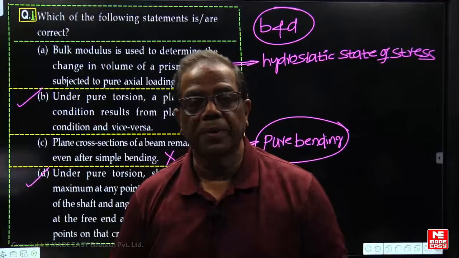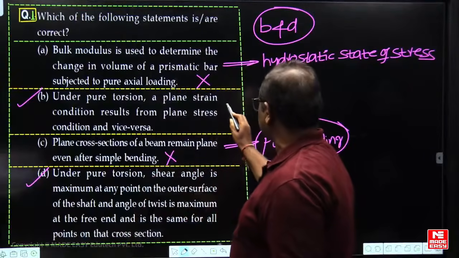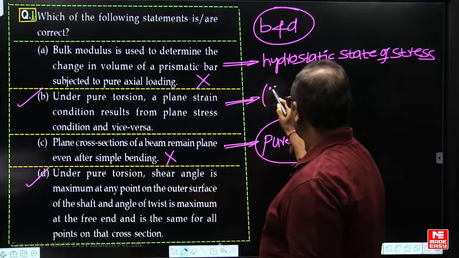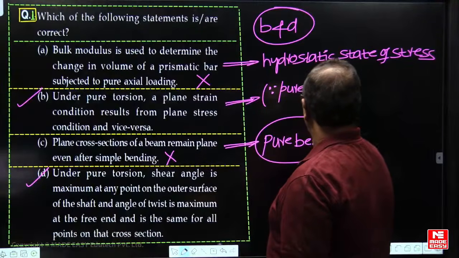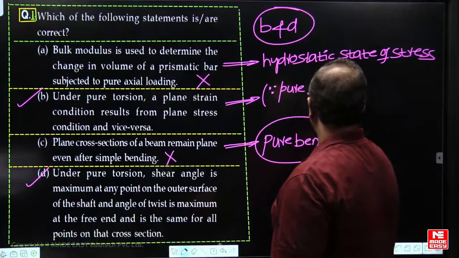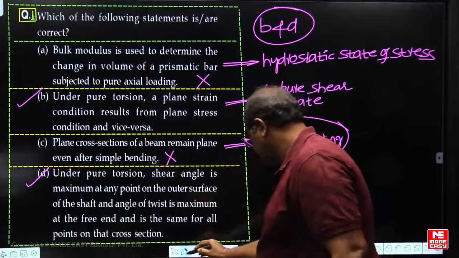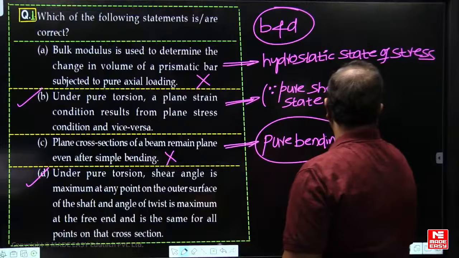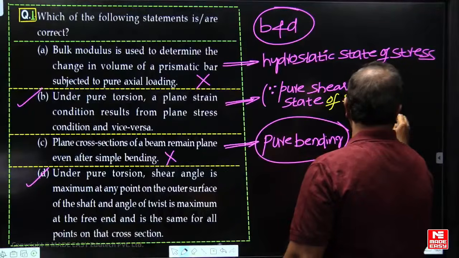So under pure torsion, sigma x plus sigma y is 0. So why is this statement correct? Because of the pure shear state of stress, that is, sigma x plus sigma y is 0.